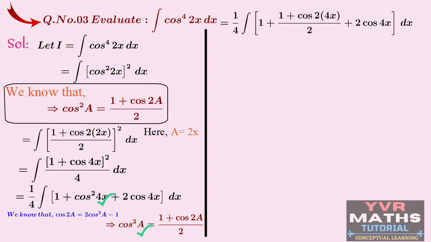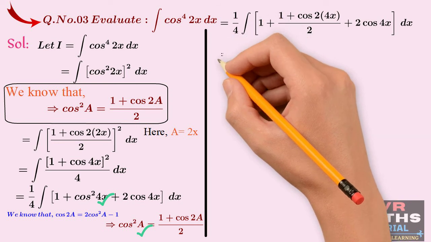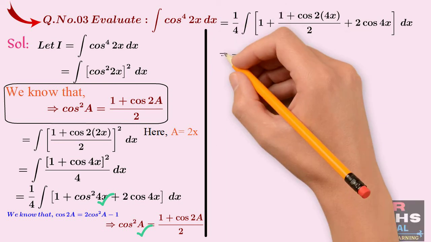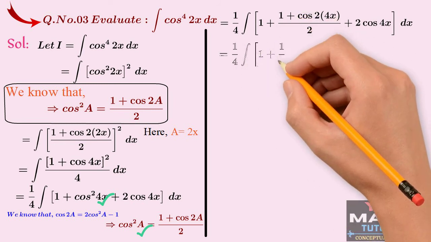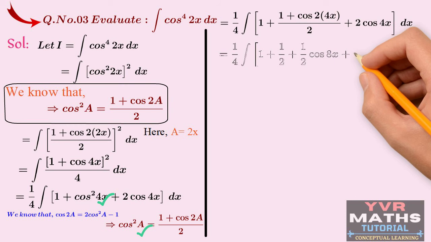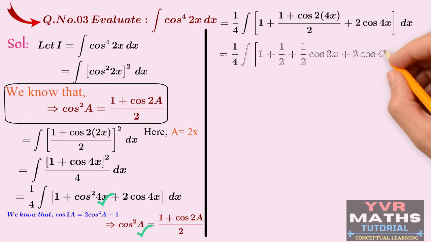Now in this step, if we observe the second part, on the numerator we have the sum of 2 terms. So, divide each term of the numerator with the denominator. Then in the next step, 1 by 4 into integral 1 plus 1 by 2 plus 1 by 2 cos 8x plus 2 cos 4x dx.